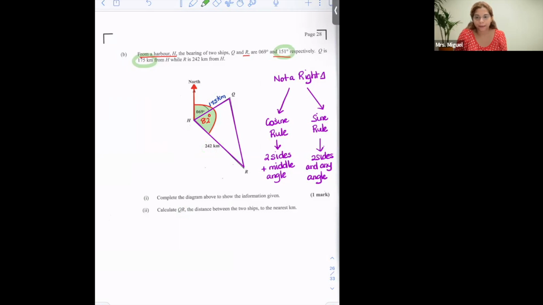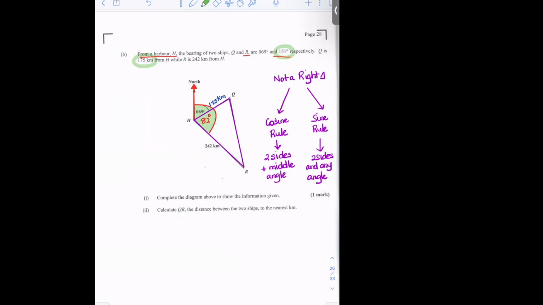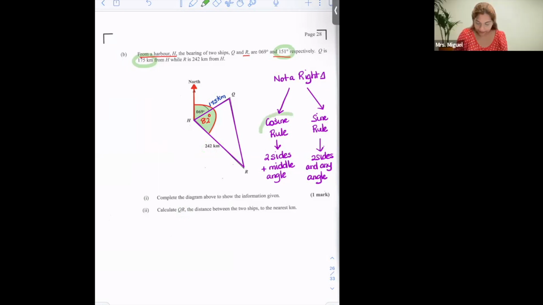Sine or cosine? Cosine, miss. So here I am choosing the cosine rule. Why? Because I have two sides and the angle in between.